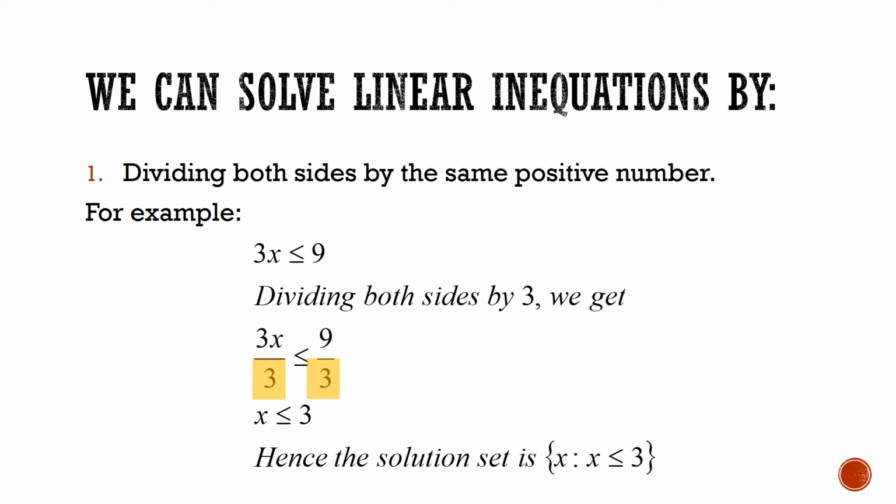Now when 3x is divided by 3, we get x, and when 9 is divided by 3, we get 3. So we have x is less than or equal to 3. Now once again, we must represent our answer as a solution set. Hence, the solution set is the set of x such that x is less than or equal to 3.